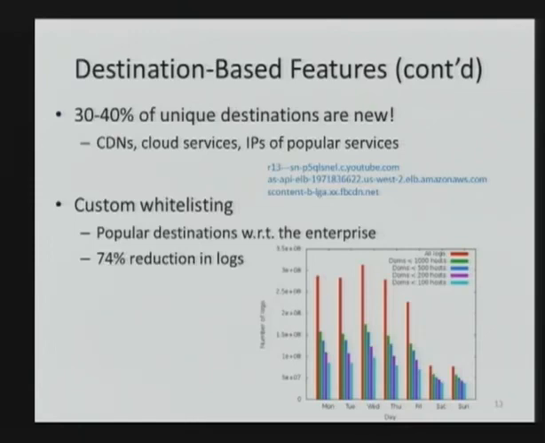Another data reduction step we took was to fold the domains to only the second top level domain. And this is to deal with these random looking substrings that are used by cloud services or CDNs. So with these optimizations, we can reduce the number of new destinations from 145,000 to only 28,000 per day.